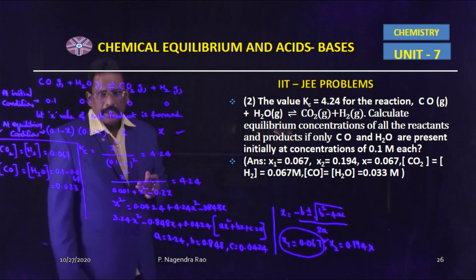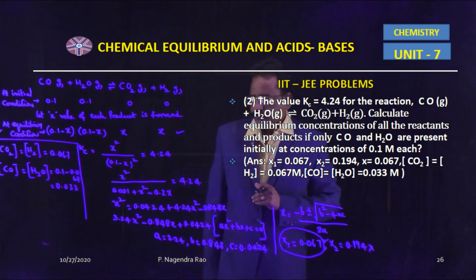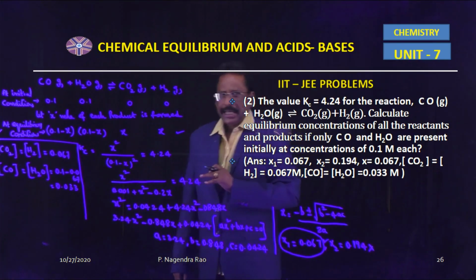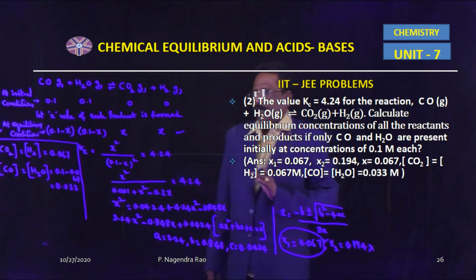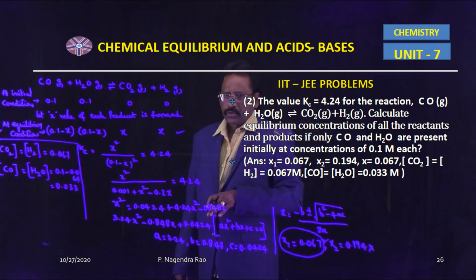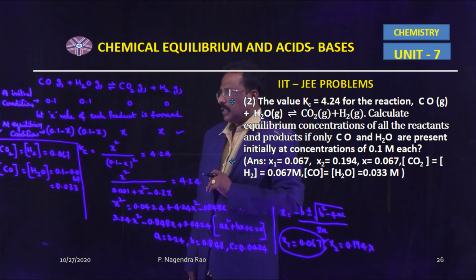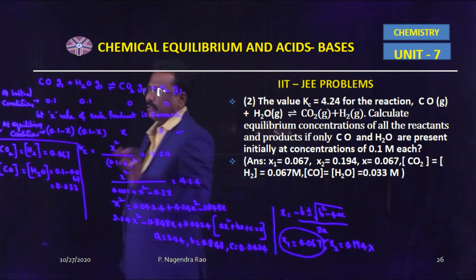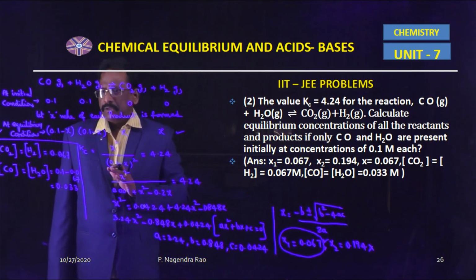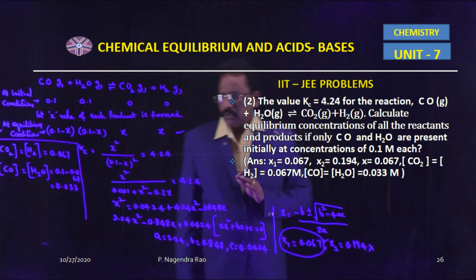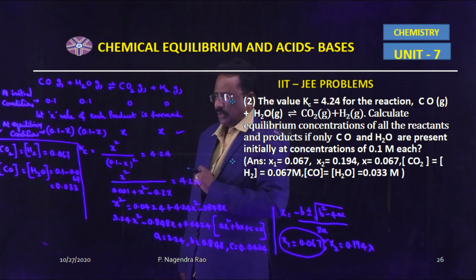So at equilibrium conditions, the active mass of carbon dioxide gas formed and dihydrogen gas formed is equal to 0.067, and then at equilibrium the active mass of carbon monoxide gas is equal to the active mass of water vapor, which is equal to 0.033.